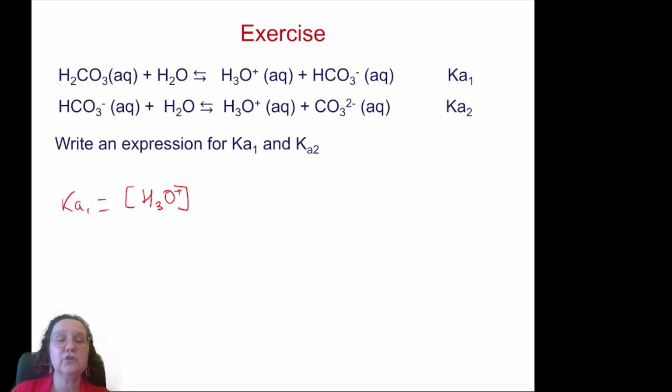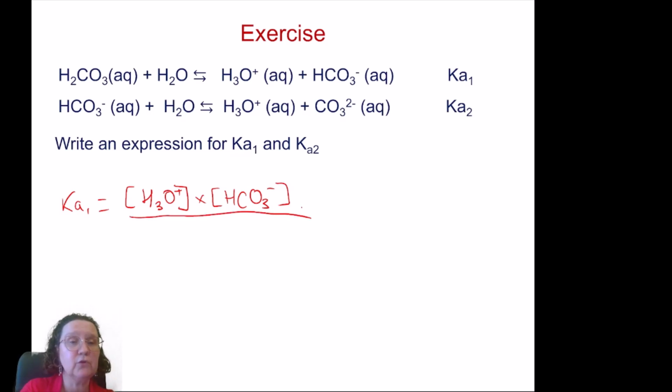So the concentration of the hydrogen ions you have generated, and the concentration of the hydrogen carbonate anion, divided by, if you remember, we don't look at the water, we only look at the acid, carbonic acid, the concentration of H2CO3. And that would be the first acidity constant.